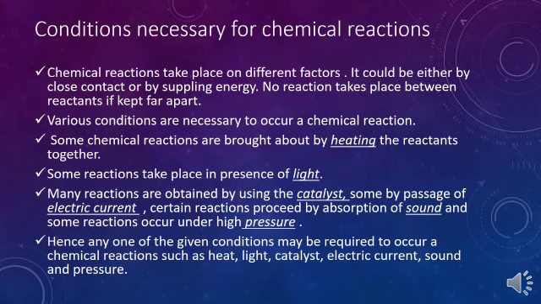Some reactions need heat. Some reactions take place in light. Some reactions need a catalyst to give products. Some reactions occur in the presence of electric current. Some reactions need sound and some other reactions need pressure.